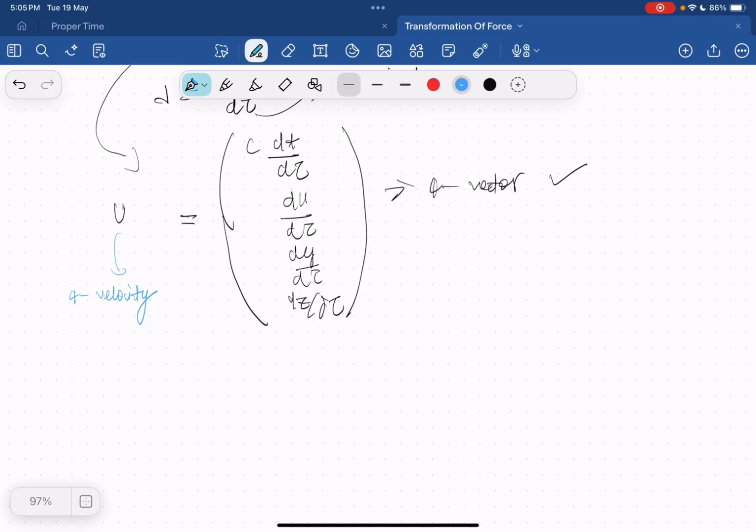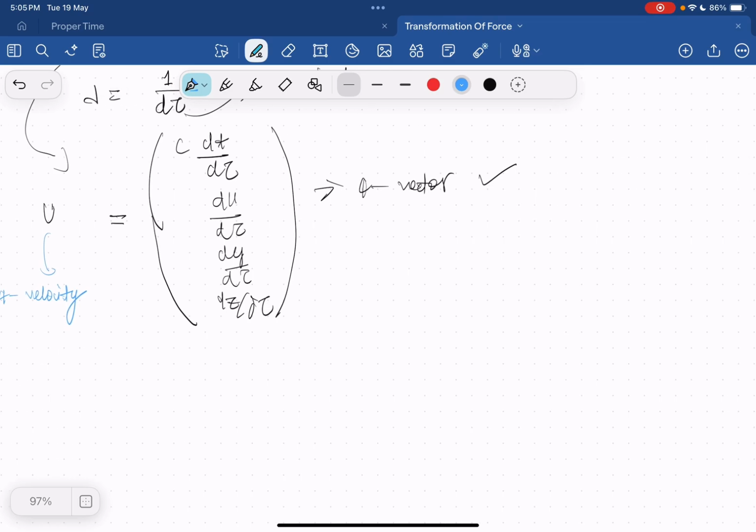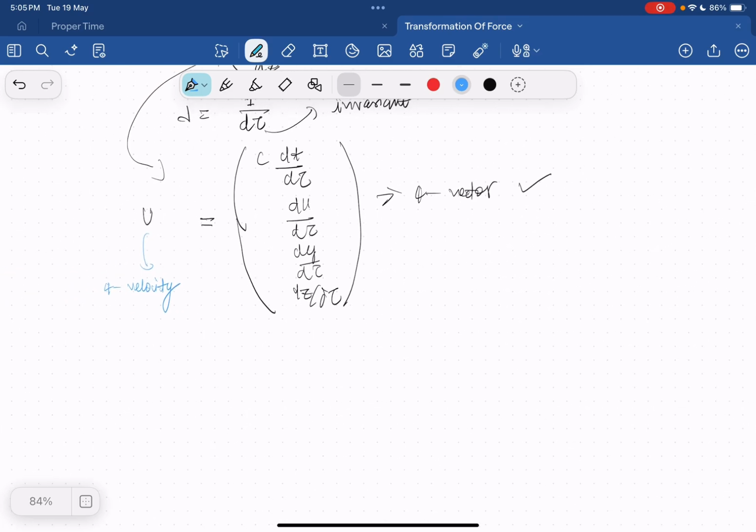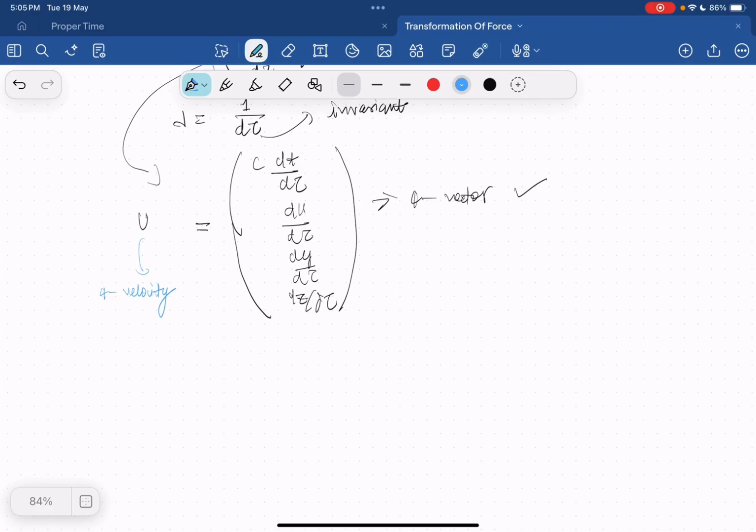Now we know that the relation between the proper time interval d tau and the coordinate time dt is that d tau is equal to dt by gamma u, where u is the speed of the particle.